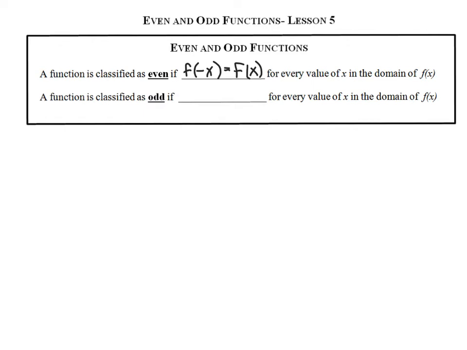On the other hand, a function is classified as odd if f of negative x is equal to the negative of f of x. So we're going to practice quite a bit today in deciding whether functions are even functions or odd functions and why, using these two definitions.